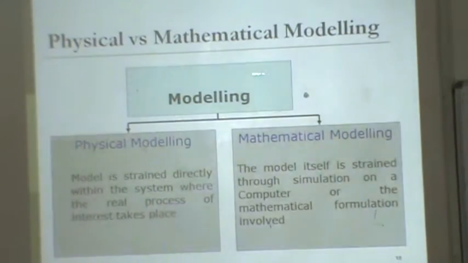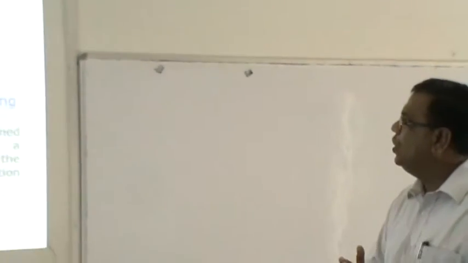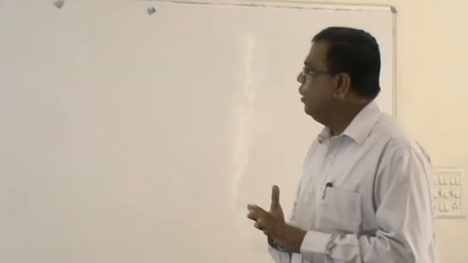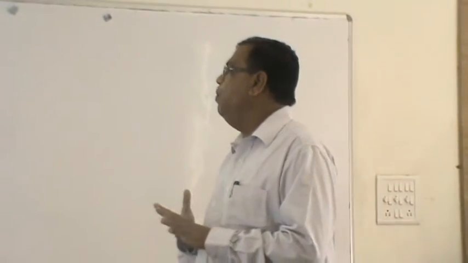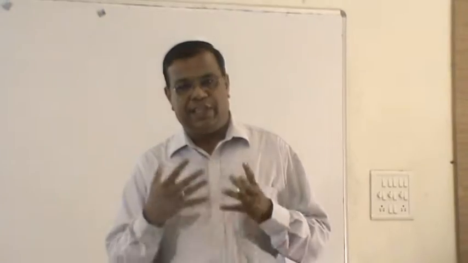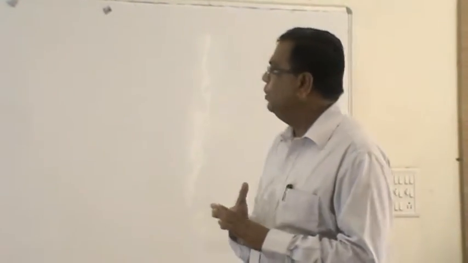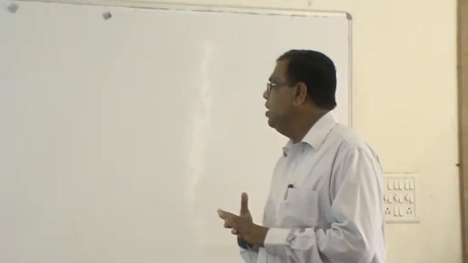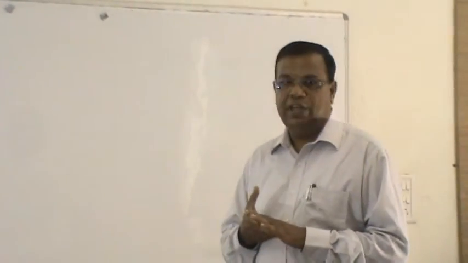The most important part as far as the differential equation is concerned is the modeling. There are two types of modeling. One is the physical and second is the mathematical. So exactly what do we mean by physical versus mathematical modeling? If it is physical modeling, the model is trained directly within the system where the real process of interest takes place, so we should know the physical phenomena of that problem. Mathematical modeling means the model itself is trained through simulation on a computer or the mathematical formulation is involved.